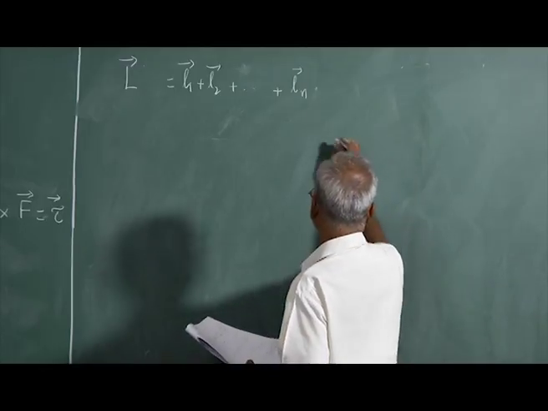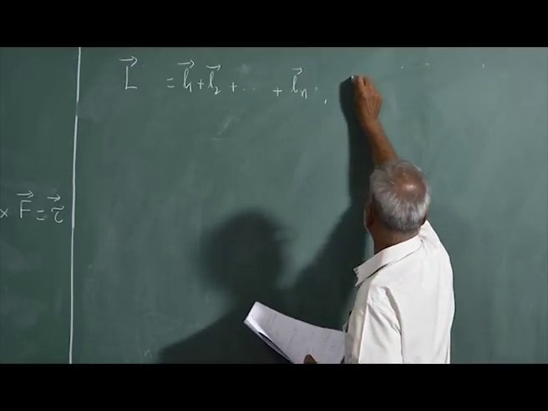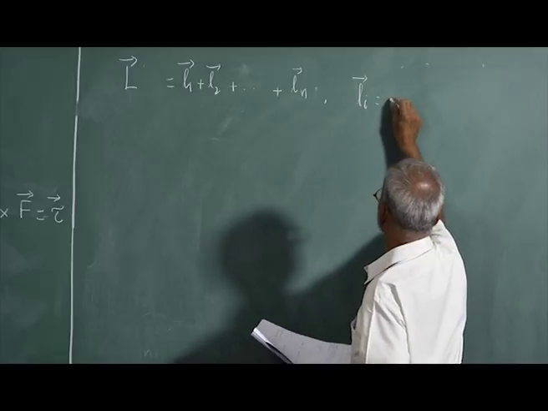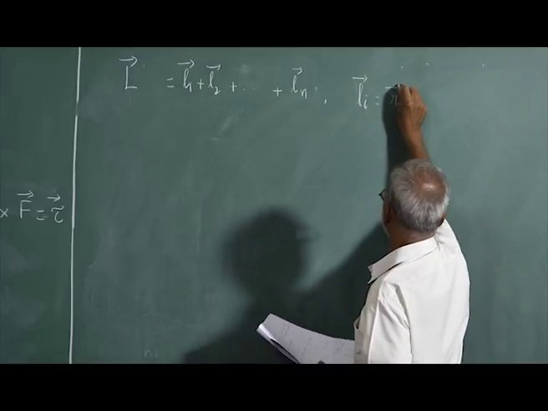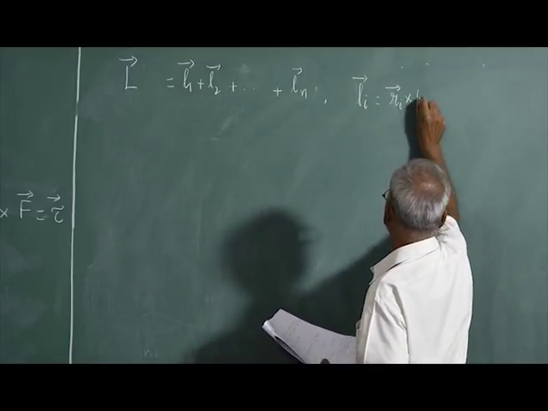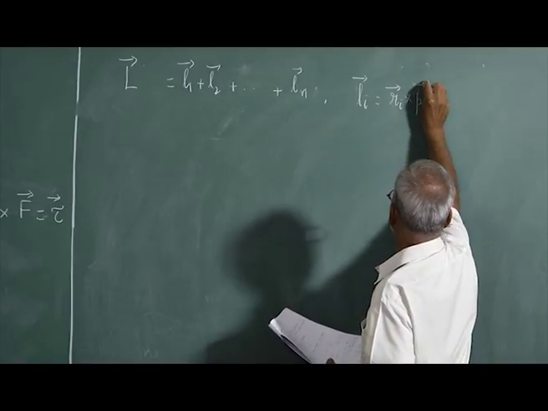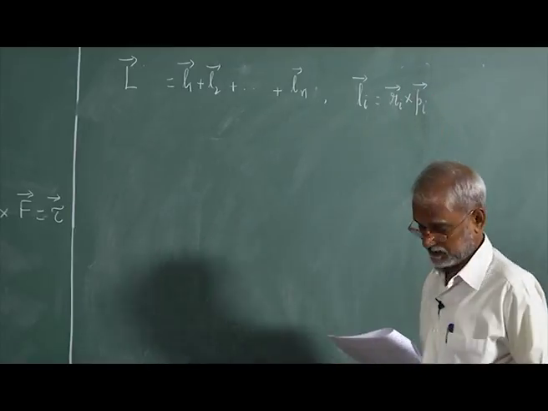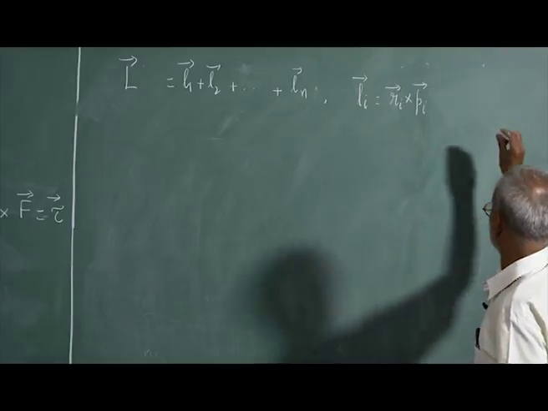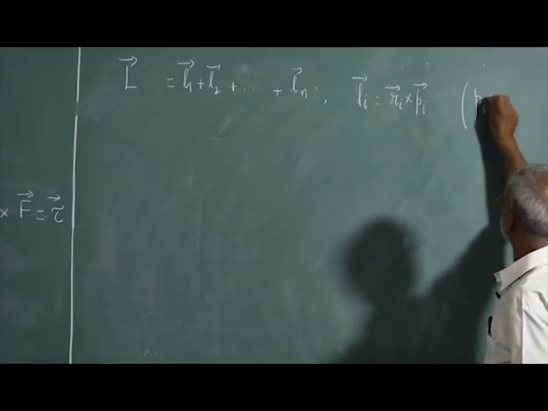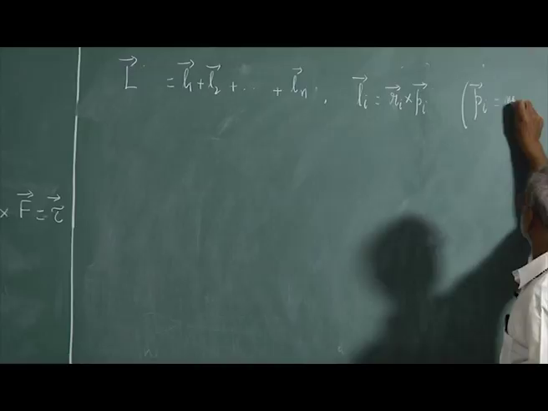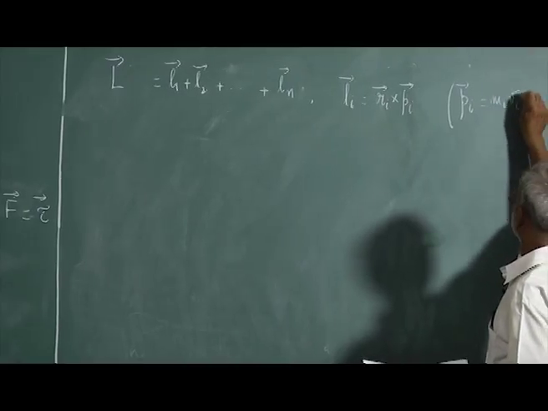So what is Li? Li is the position vector of the ith particle crossed with the momentum vector of that particular particle. Just for clarity, you can think m i times v i.